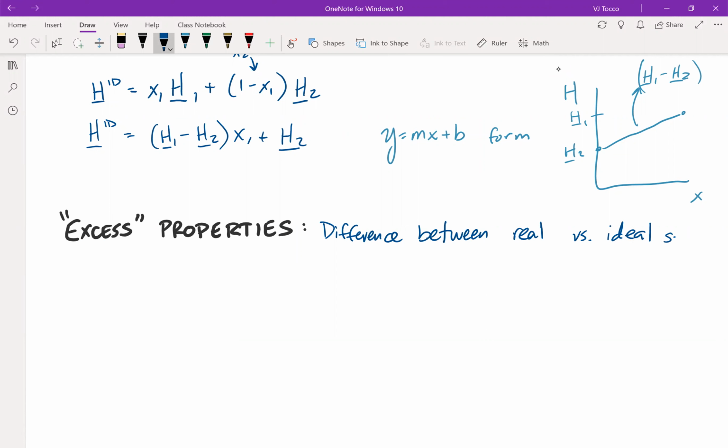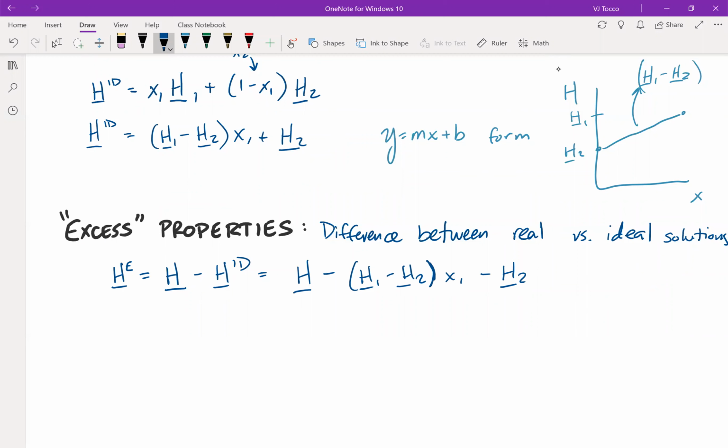Real and ideal solutions. So mathematically, you would say that the excess enthalpy, for instance, would be equal to the real enthalpy, which has no superscript, minus enthalpy of ideal. And when you plug in the definition of ideal enthalpy, you could say it's H minus (H1 minus H2) X1 minus H2.